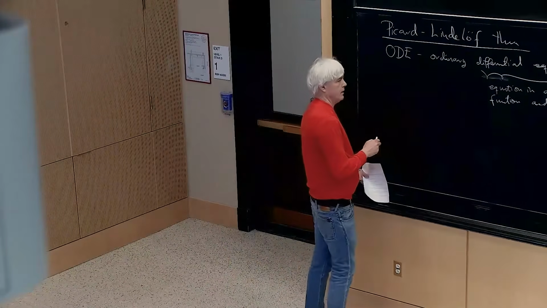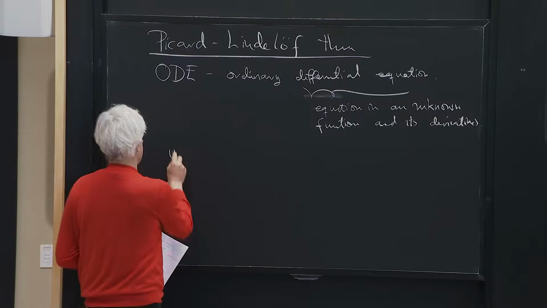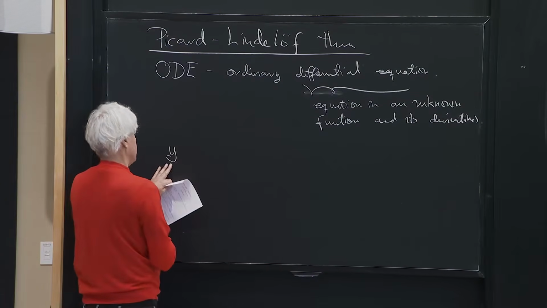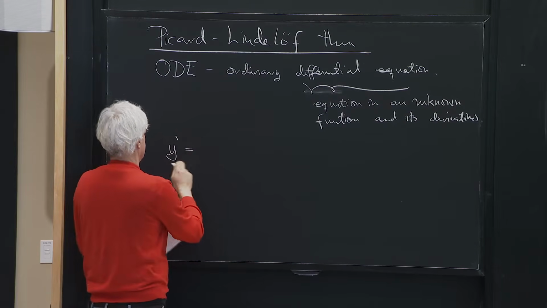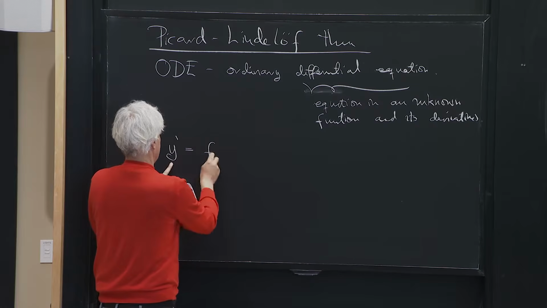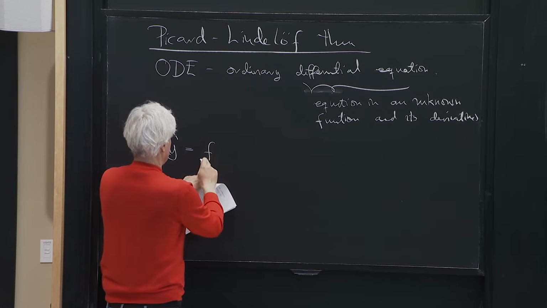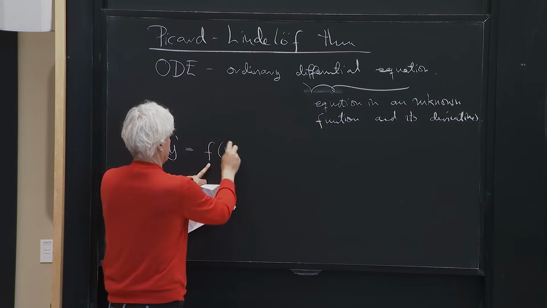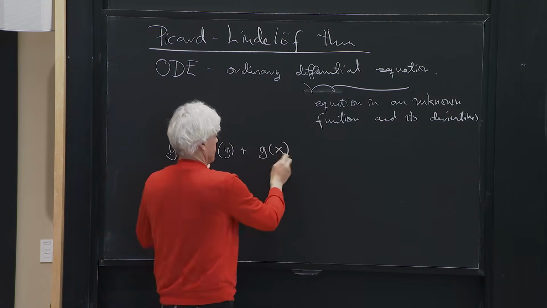And so the ODE that the Picard-Lindelöf theorem is about is, the unknown function is y, and the ODE is this: we want the derivative of this unknown function to be equal to a function of the unknown function plus another function that just depends on x.